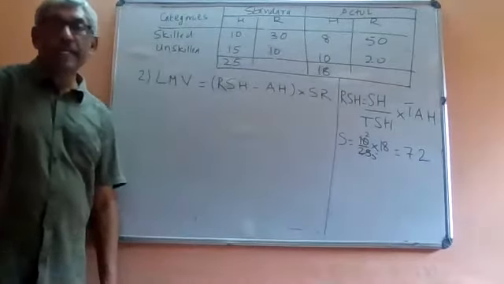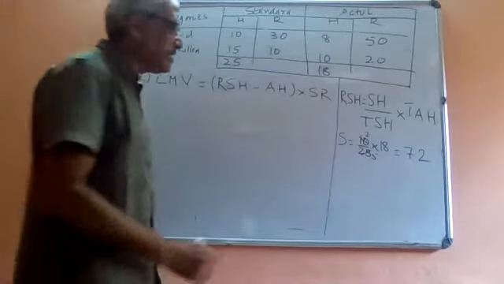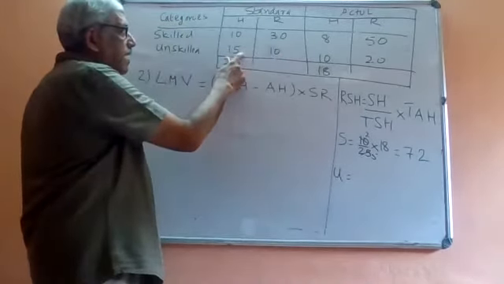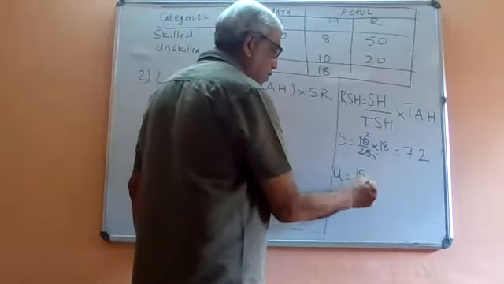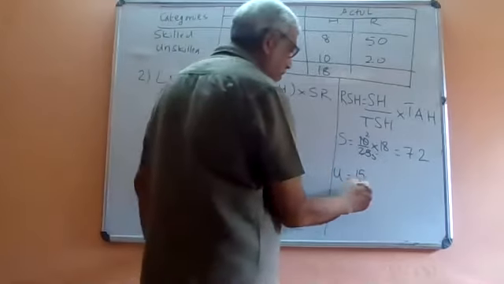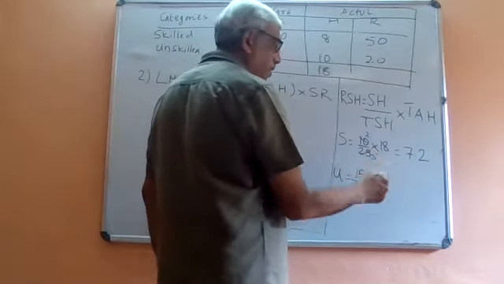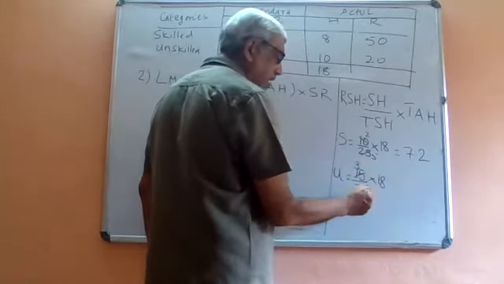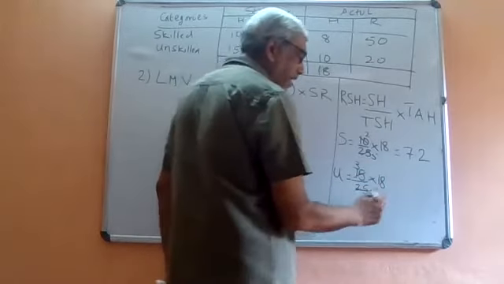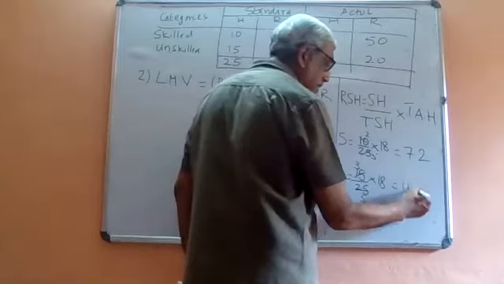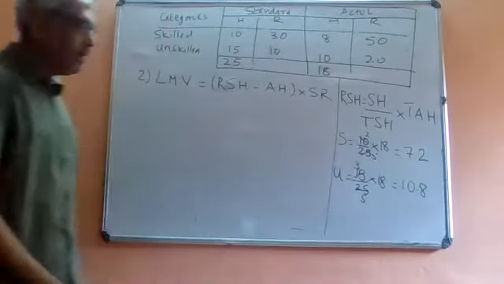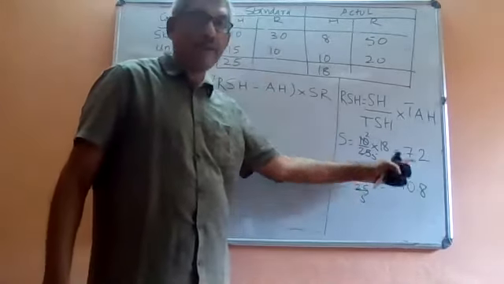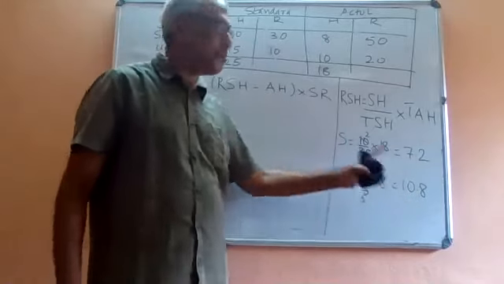Let me take it in decimal. For unskilled, the standard hour is 15, total standard hour is 25, and total actual hour is 18. So it will be 3 by 5 into 18, which is 54 divided by 5, which is 10.8. So the revised standard hour is 7.2 for skilled and 10.8 for unskilled.